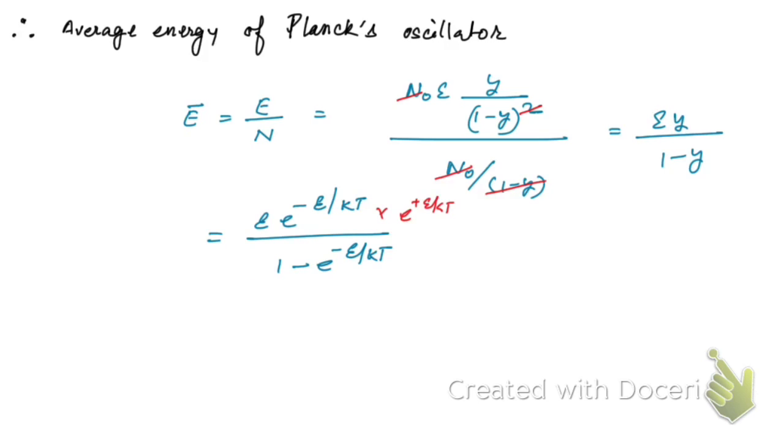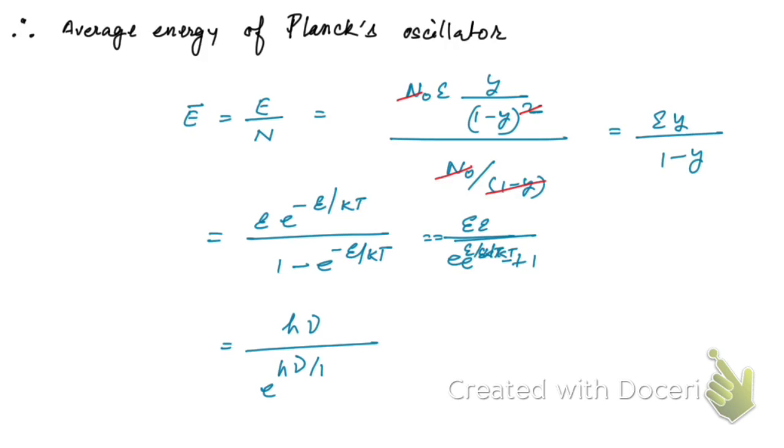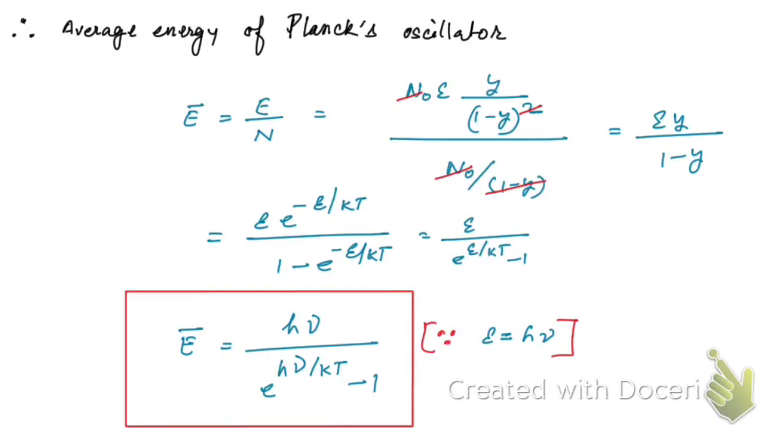Then it will be equal to this: epsilon over e to the power plus epsilon by kT minus 1. Now as epsilon is equal to h nu, let us put this h nu, then this expression is going to be of this form. So this is the average energy of Planck's oscillator.